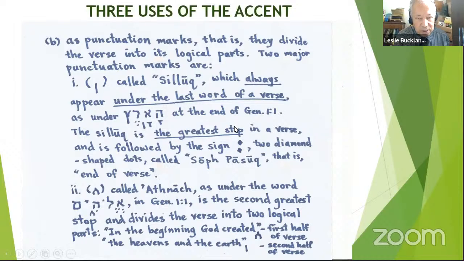It's said to be the greatest stop in a verse, followed by these two diamond-shaped dots that indicate where the verse ends. And there is Athnak, which comes under the syllable him in Genesis chapter 1, verse 1, and which is the second greatest stop, and divides the verse into two logical parts.